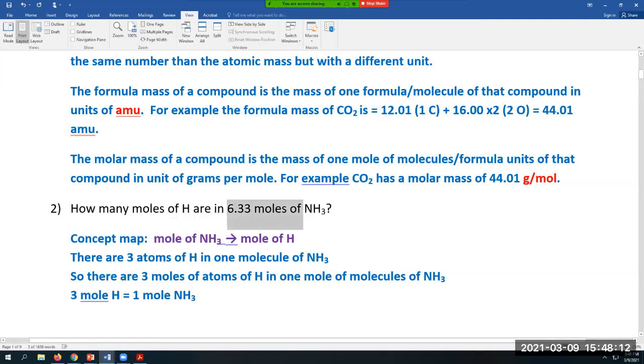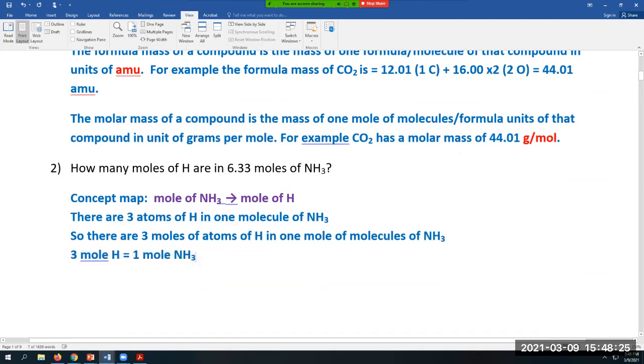So always start the calculations with the given amount of 6.33 moles of NH3, and then write this equality as your conversion factor. So let's do this, and I've prepared here the given amount. Always start the calculation with the given amount, and the given amount is in the numerator, even though here it looks like in between. It's always in the numerator, right? You can also have a line and then a 1 in the denominator.